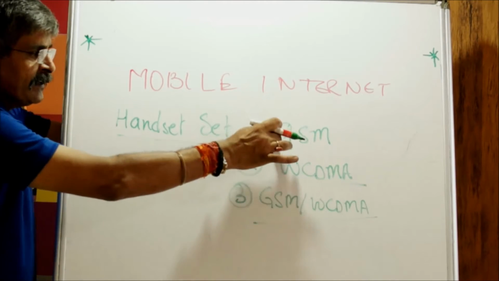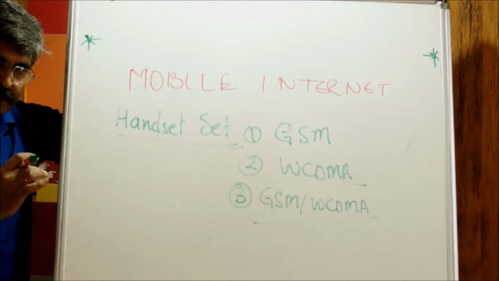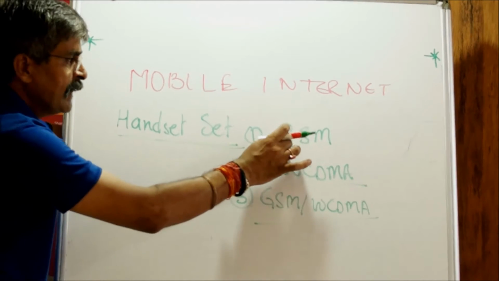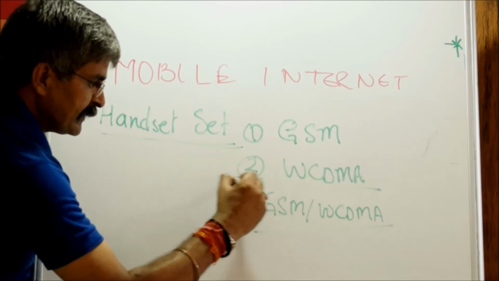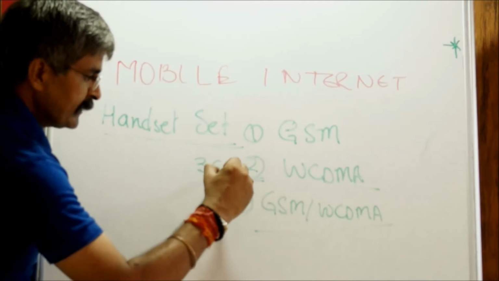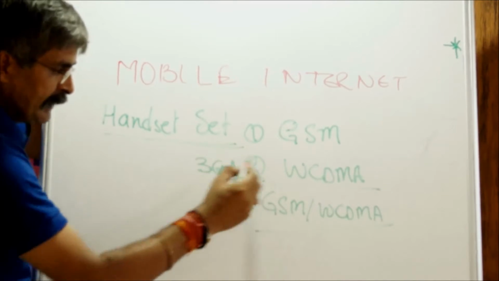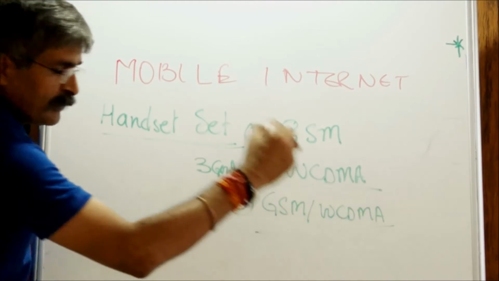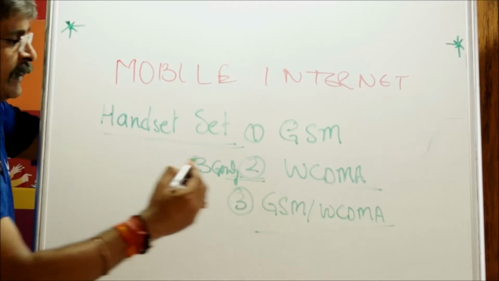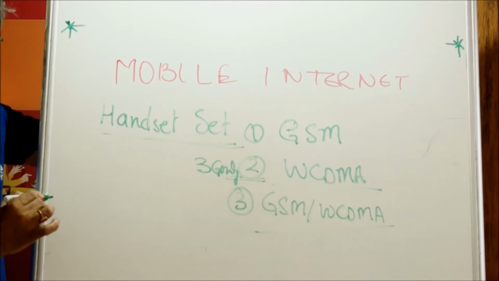This means if the service is available in that area for 3G, but the handset is set to GSM only, it will not receive the signal. Similarly, if 2G service is available but the handset has been selected as WCDMA only, it will not get the 2G signal.